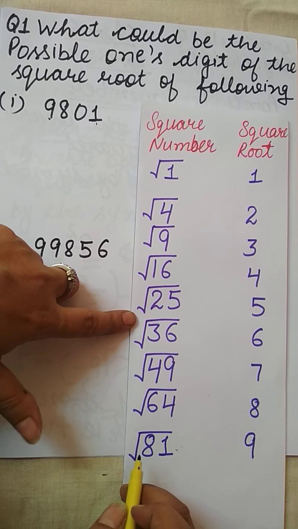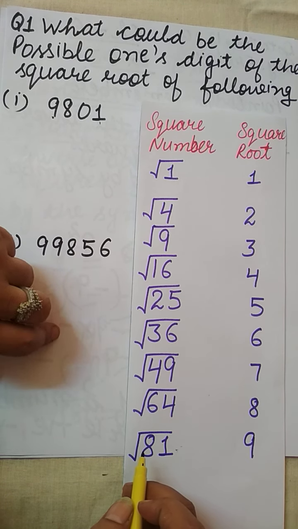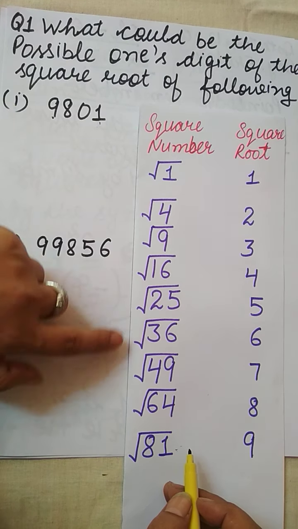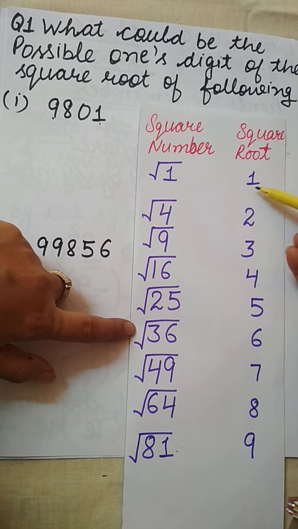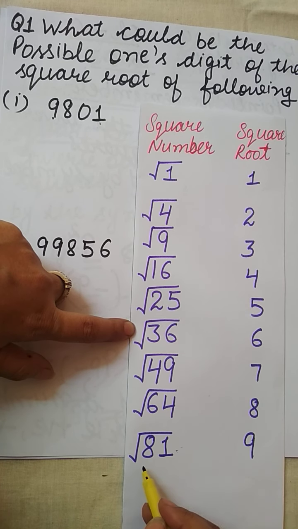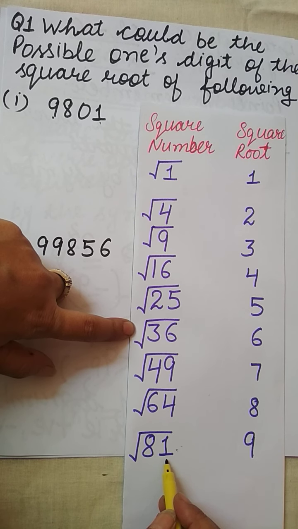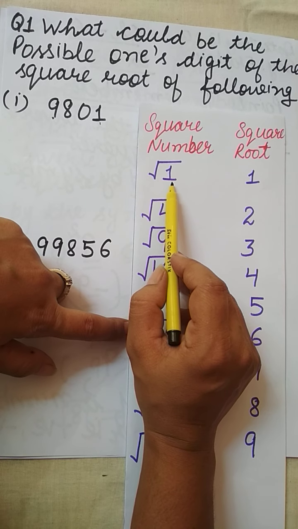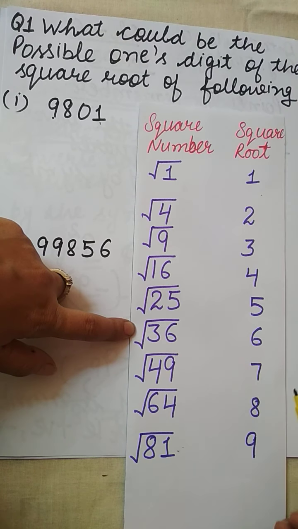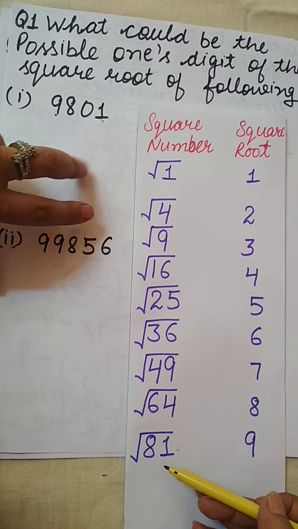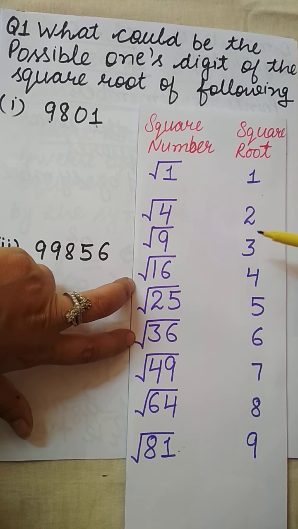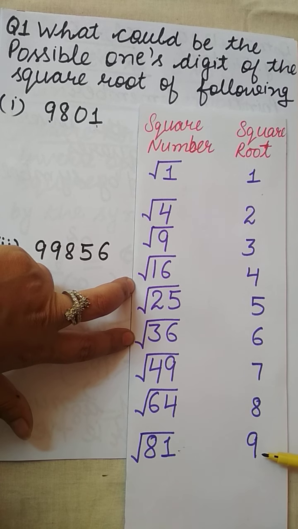Now you can see that if I have any number with the unit digit 1, then the square root can be 1 or 9. As 81 is also having 1 at its unit digit, and the numbers which have 1 at their unit digit, the square root of that number will be either 1 or 9.